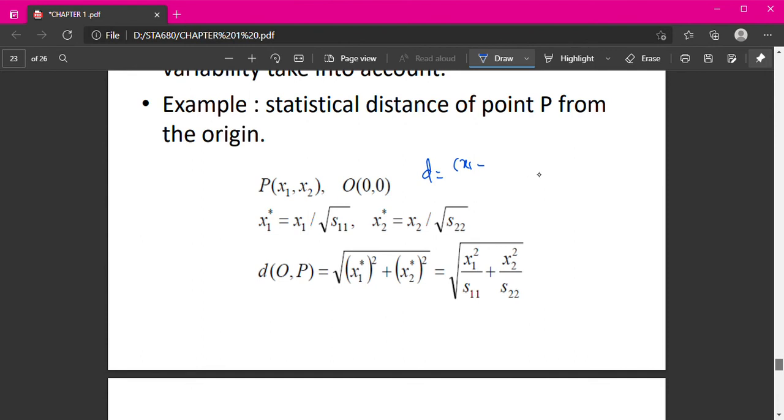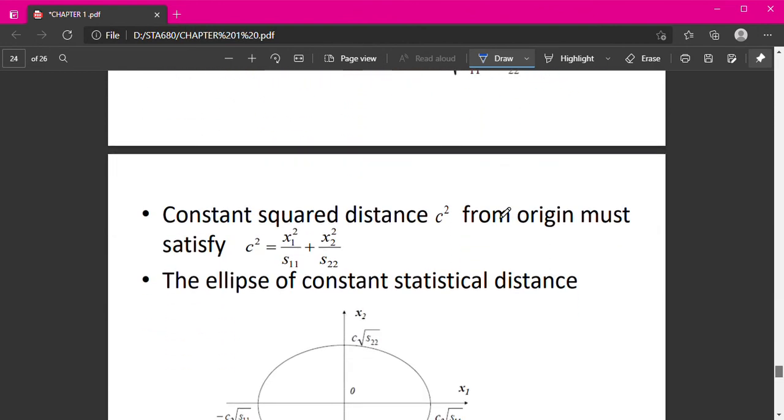So y1 square will be 0 square. Okay, divide dengan s11 plus x2 minus 0 square divide s22. Then square root of the value. Okay, ini sebenarnya. So because of that lah, dia akan jadi macam ni. Okay, because of one of the coordinate adalah from origin.